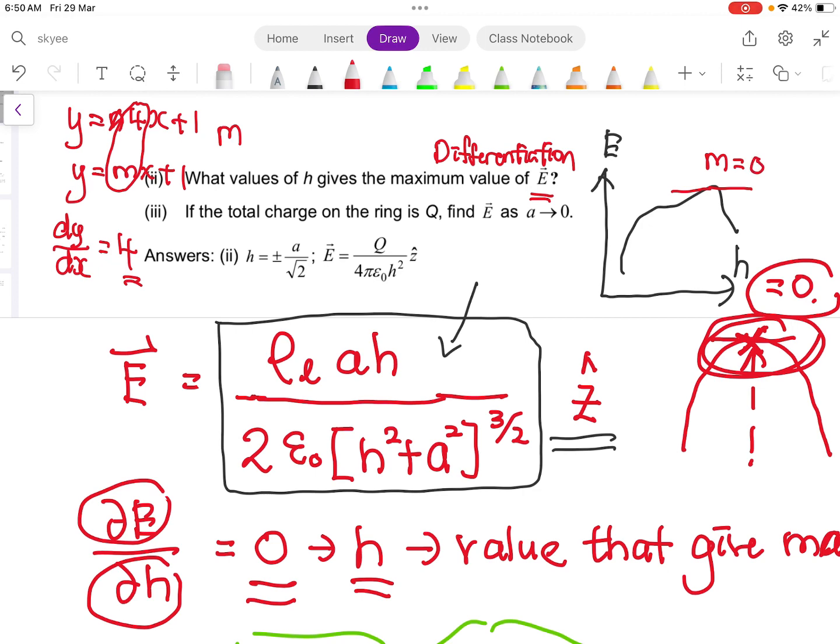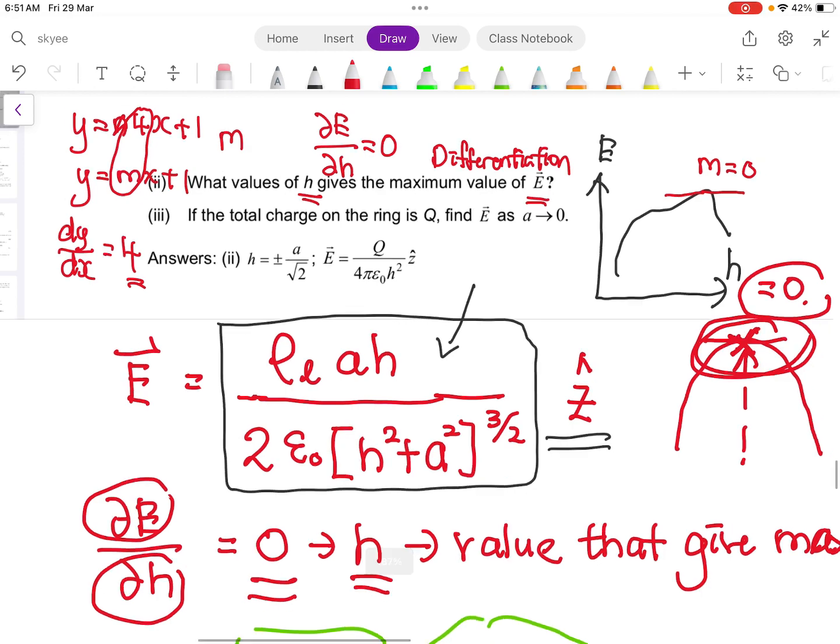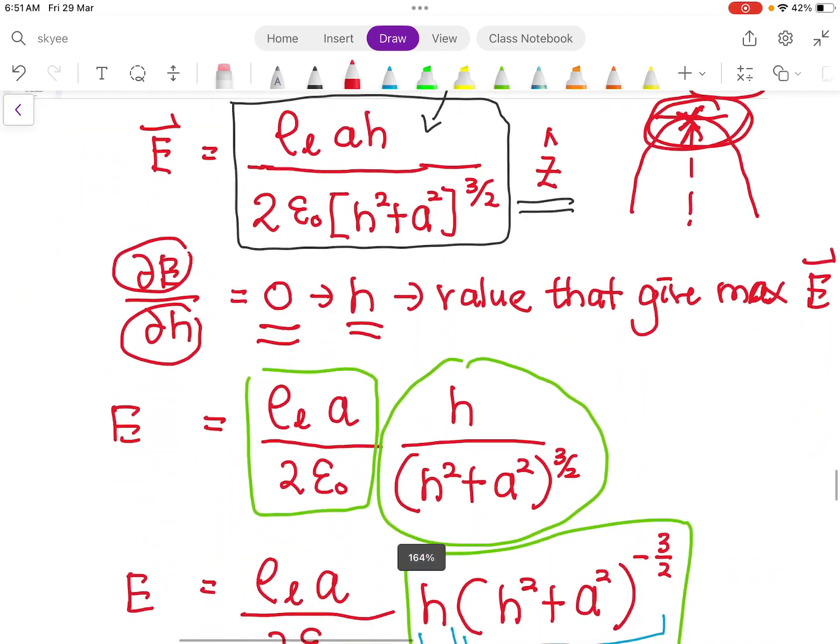Normally, the maximum point wouldn't have any slope. So the slope here is equal to 0. So we need to use the equation del E, del H equals 0 in order to find the value of H. So this is the explanation.